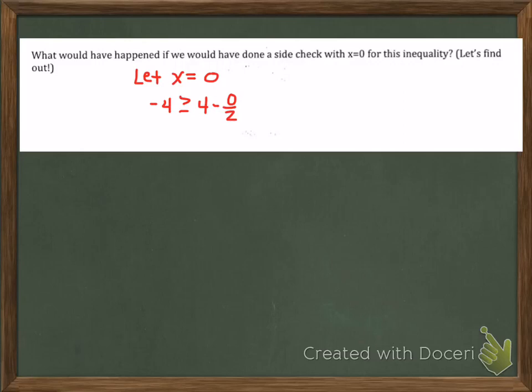And so we get negative 4 is greater than or equal to 4 minus 0. And so that gives us negative 4 is greater than or equal to 4. Well, negative 4 is not greater than or equal to 4. That is false. So if we end up checking and we get a false statement, it just tells us that possibly we shaded to the wrong side, so we've got to go back and look at our work.